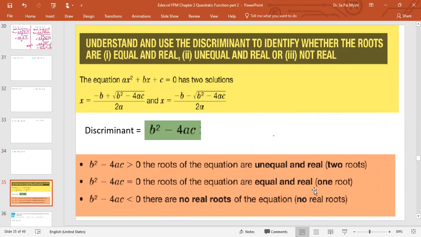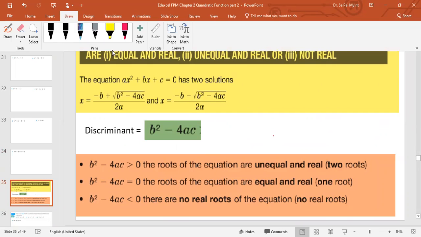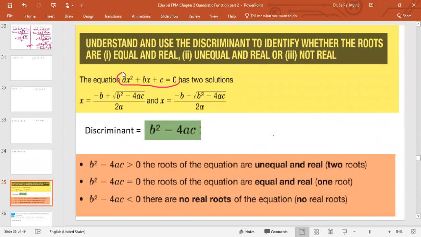What is the discriminant? The discriminant is a formula we can get from the quadratic equation. What is a quadratic equation? ax² + bx + c = 0. We can solve this for x.